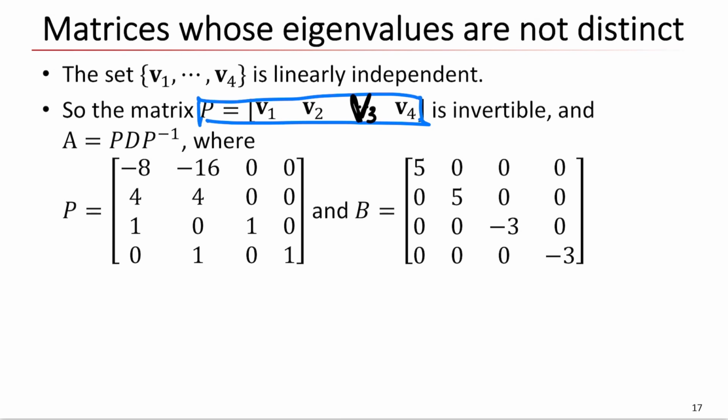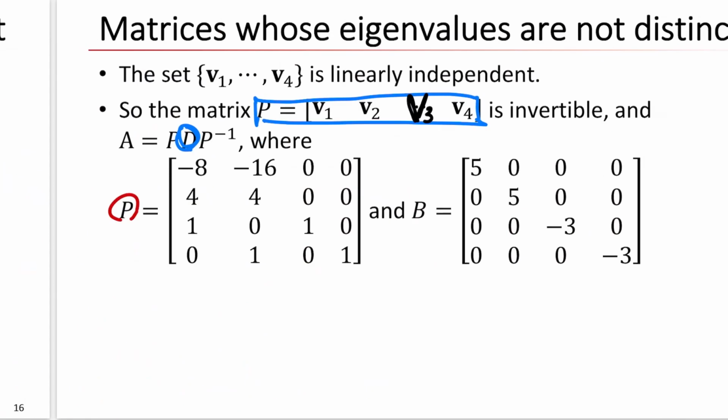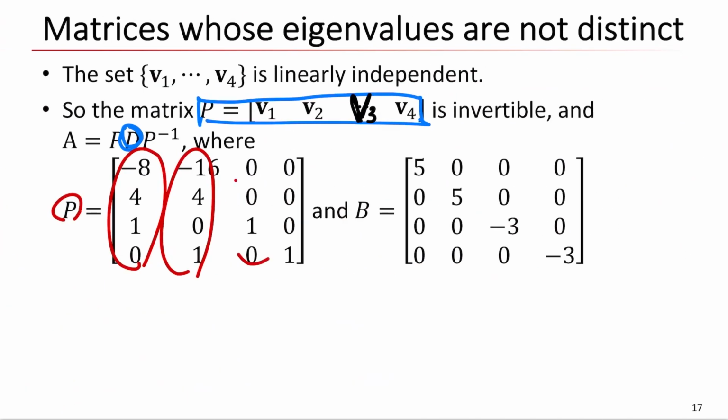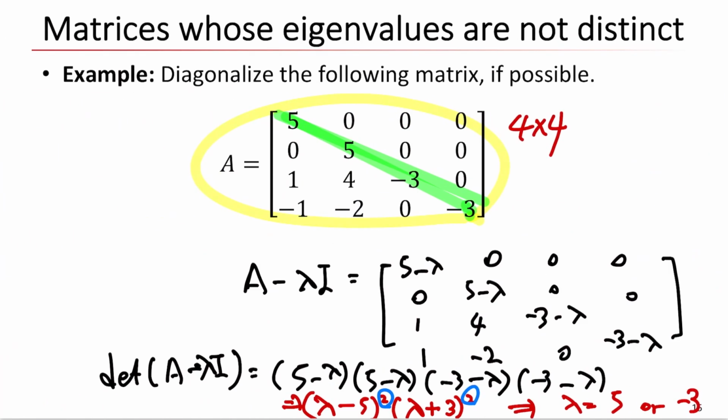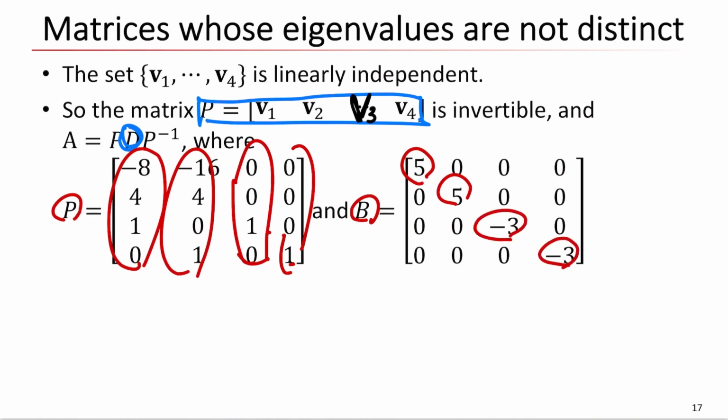And the matrix D is a diagonal matrix. In this case, P is equal to v1 and v2 here and here, and v3 and v4 here and here, and matrix D should be 5, 5, and negative 3, negative 3 here, right?